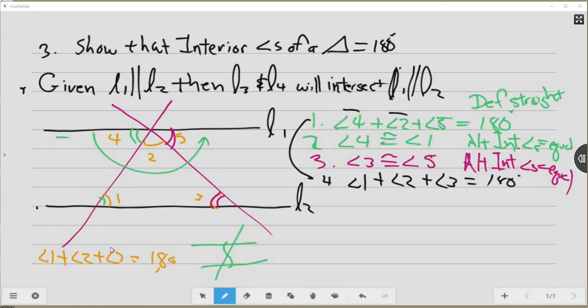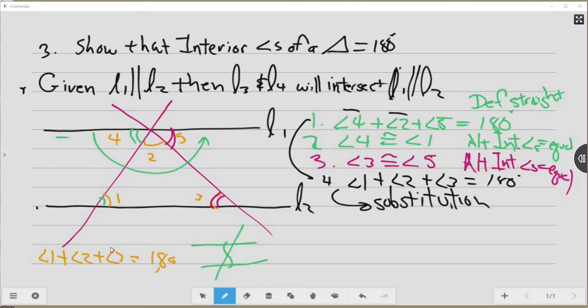Simply that the interior angles sum to 180. And the final argument, putting in 1 for 4 and 3 for 5, is by substitution. Okay, and there you have it. That's the last form of the test.